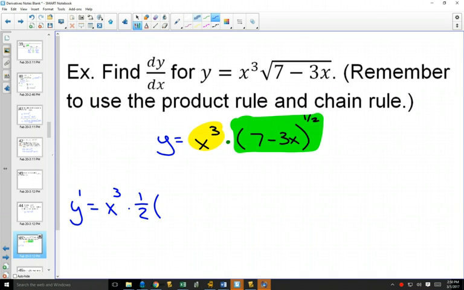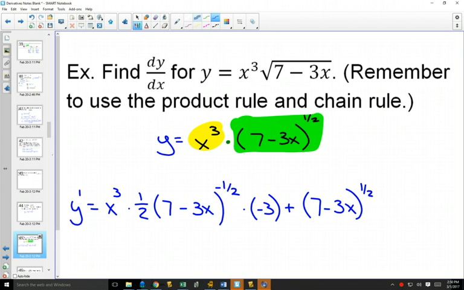So I bring the 1/2 in front, keep the inside the same, subtract 1 from the exponent, and then multiply by the derivative of the inside, which is -3. Plus, keep my second one the same, multiply by the derivative of my first one.